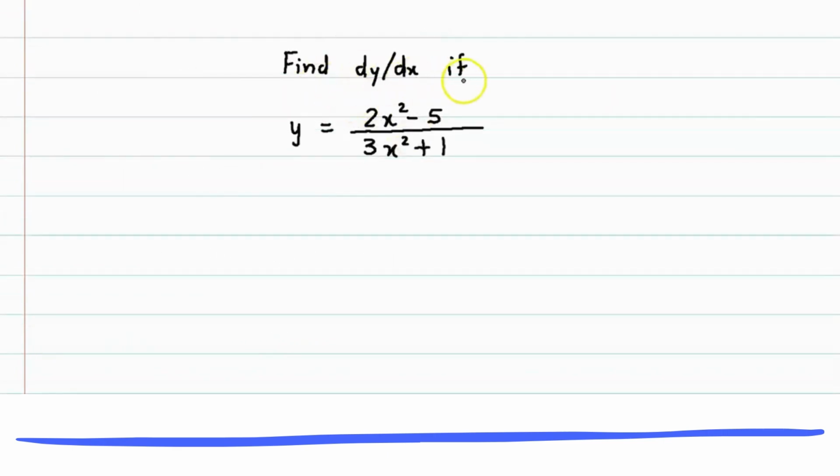Find dy by dx if y is equal to 2x square minus 5 upon 3x square plus 1. Now we apply the quotient rule to obtain dy by dx.